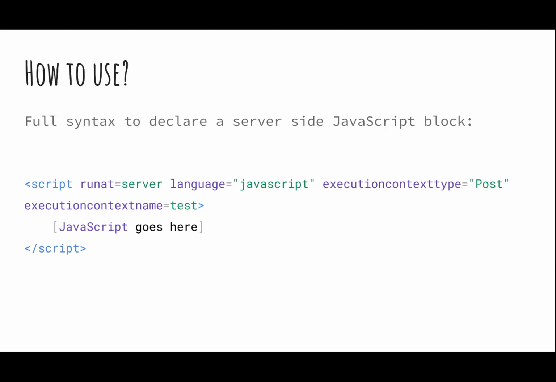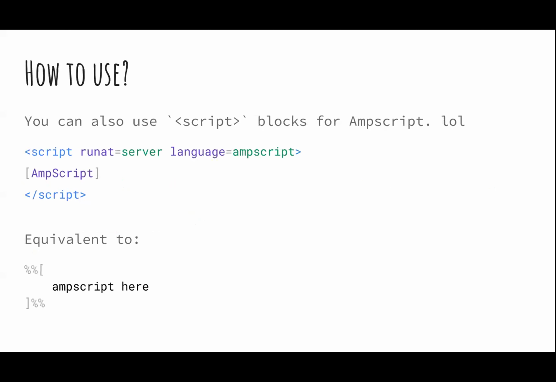You can also give it a context name. Same concept. You can also use script blocks for AMPscript. It's an interesting one: you can specify the language, which defaults to JavaScript, in the language attribute there.